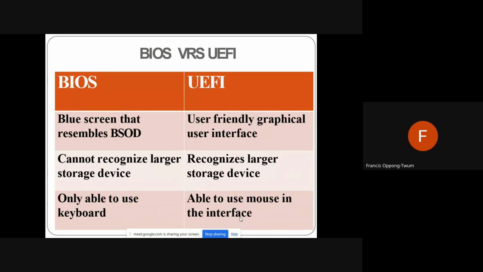Yes. Please, are you okay with me? Sometimes you are using your hard disk, you want to partition it into two or three. The first place you have to go is the BIOS before you can do that partitioning. Apart from that, the BIOS also gives you the system information.